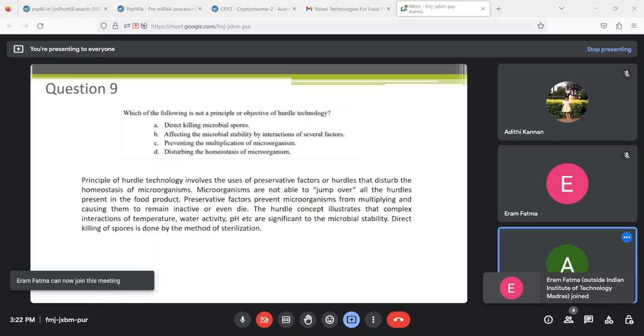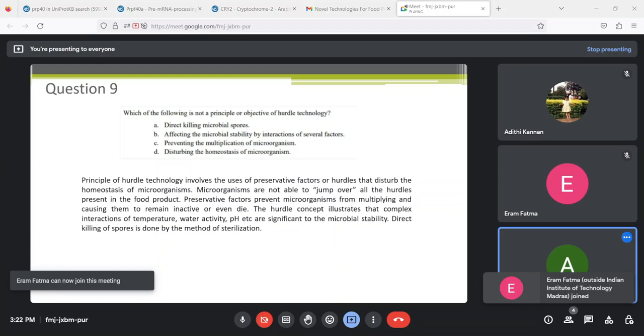The principle involves the use of preservative factors or hurdles that disturb the homeostasis of the microorganisms. Microorganisms are not able to jump over all the hurdles present in the food product, and the preservative factors prevent them from multiplying, causing them to remain inactive or even die. The hurdle concept illustrates the complex interaction of temperature, water activity, pH, etc. that significantly affect the microbial stability.